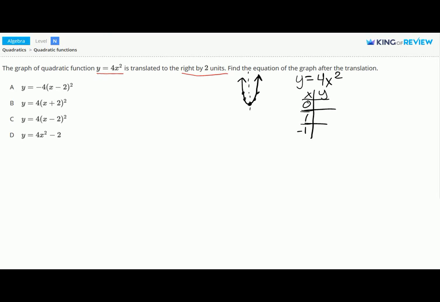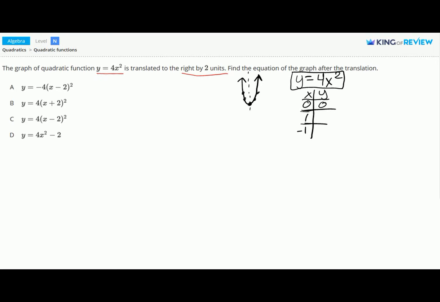So what we'll do now is plug in each of these x values into our parent equation here and solve for the y coordinate. So we're plugging the x value into y equals 4x squared. When x is equal to 0, we have 4 times 0 squared. This equals 0. So the point 0, 0 is on our graph.